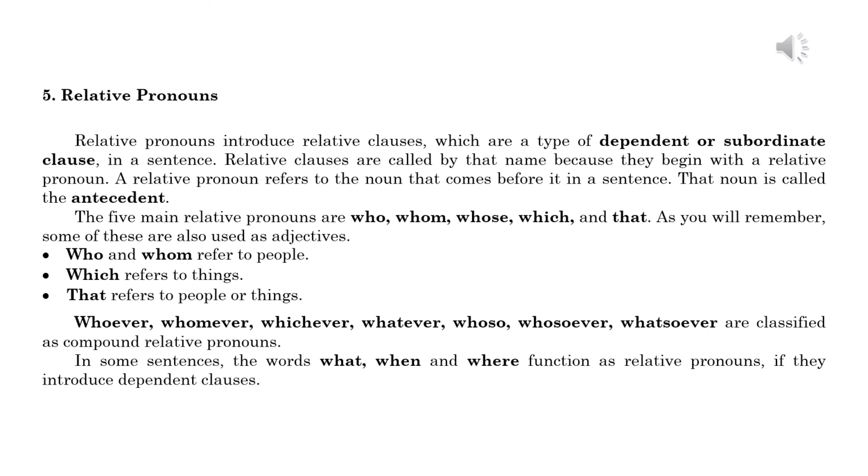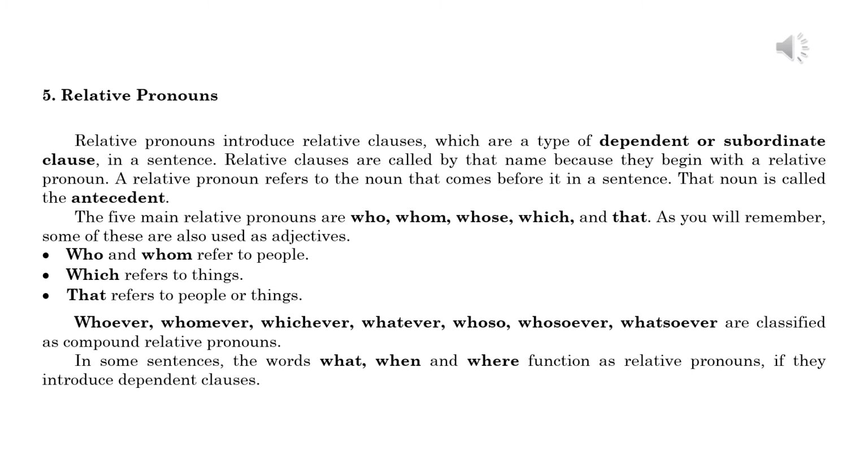The five main relative pronouns are who, whom, whose, which, and that. As you will remember, some of these are also used as adjectives. Who and whom refer to people. Which refers to things. That refers to people or things.